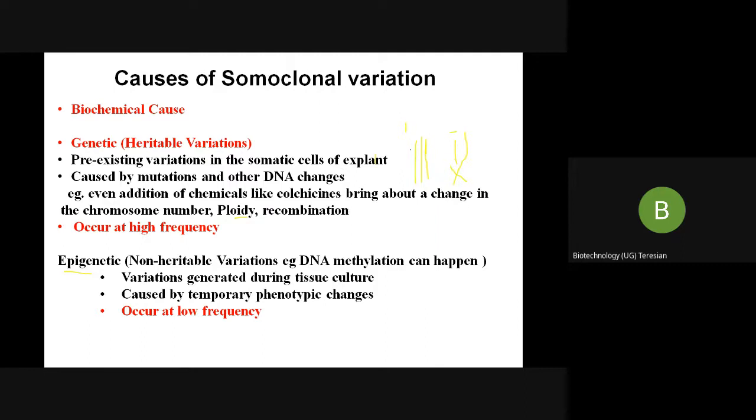So there will be some changes that you see between your new plant and the original plant. When there is a change between the original and the new plant, it is called variation. And since you have used somatic cells for the clonal propagation, it is called somaclonal variation.